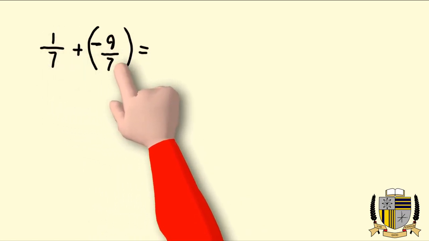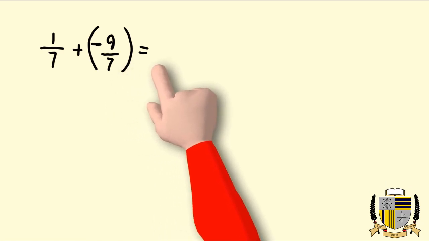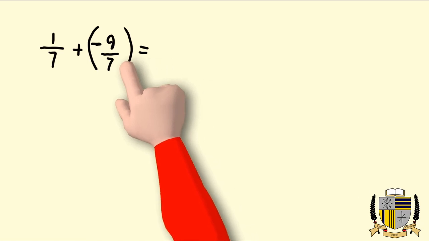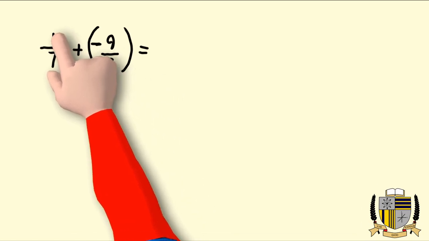Remember, the rule is we find the difference between them, and the sign of the answer is the sign of the greater quantity, right? So 9/7 is greater, it's a bigger quantity than 1/7, right?